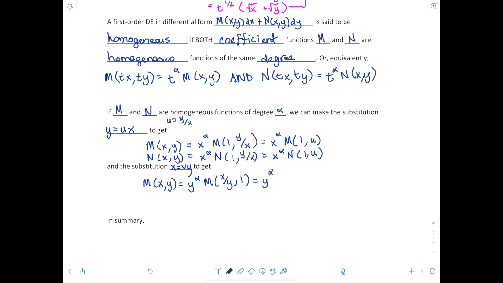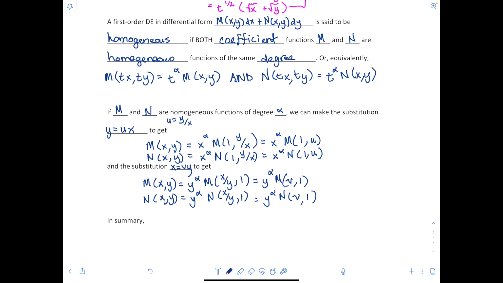So we'd have y to the alpha times M at v and 1. Cool? And doing the same process for N, we would have y to the alpha times N at x over y, comma 1, which is y to the alpha times N at v and 1. Groovy?